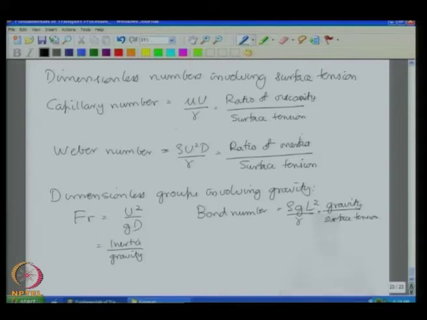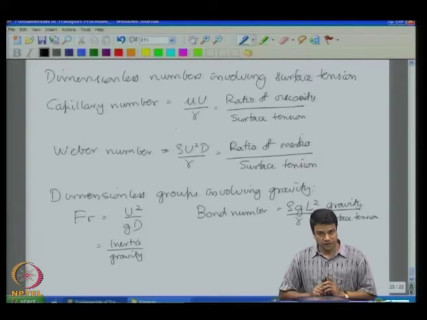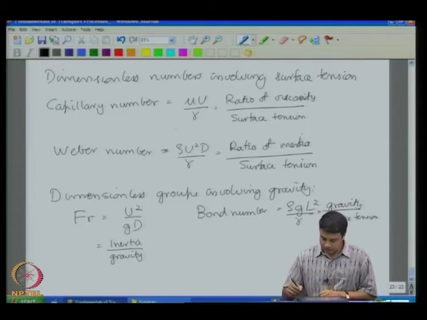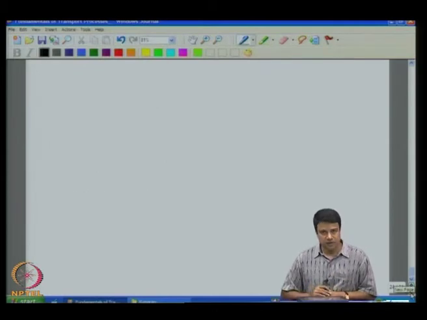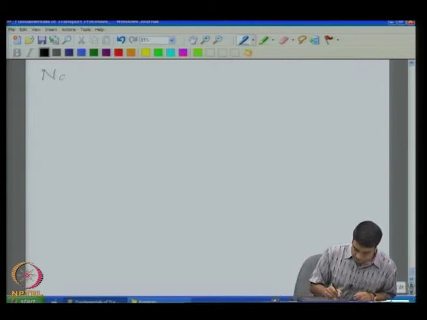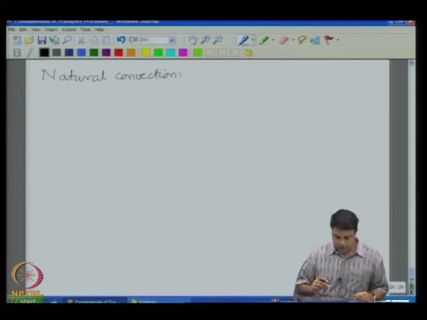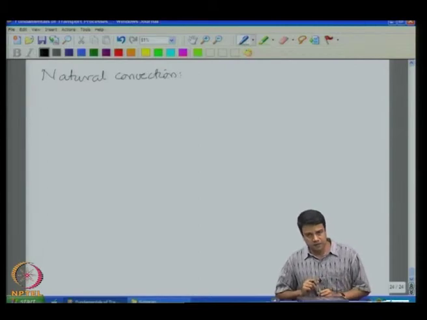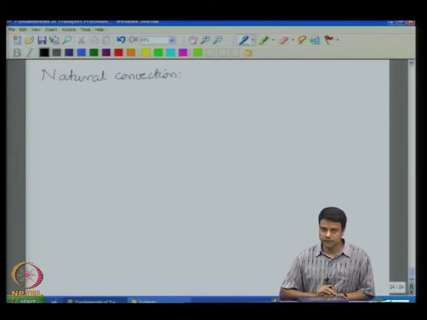There are other problems where it is not very clear what ratio they exactly represent. One such important case is what is called natural convection, and I will take a little bit of time to explain what exactly this is, because it is important, especially in heat transfer problems, because as you probably know, there are two main mechanisms of heat transfer.